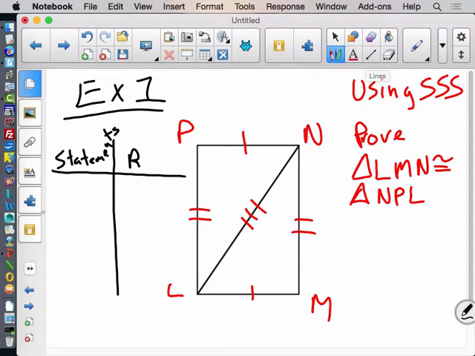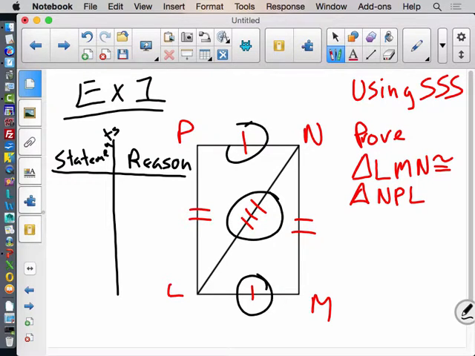And then the reason. All right, so what were the statements? Well, this one we inferred, but we knew this was given in the diagram, right? So I could say that PN is congruent to what? ML. Oh, good catch. Yeah, ML.